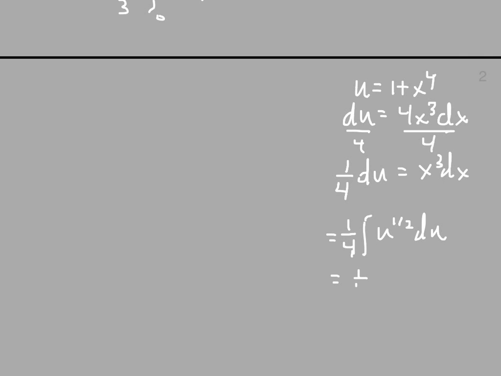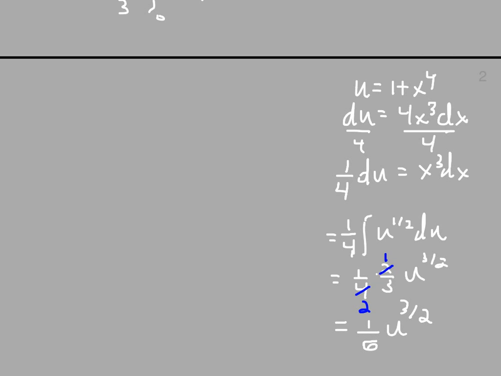giving us 1/4 times 2/3 u to the 3/2, and so that translates back. These cancel. The 2 becomes a 1, and 4 becomes a 2, and so it ends up as 1/6 u to the 3/2.